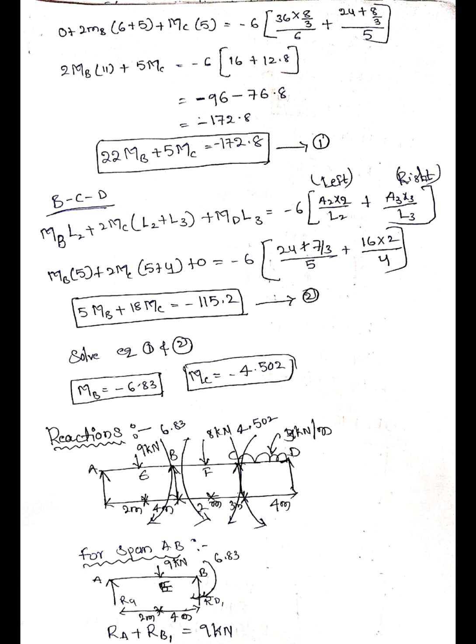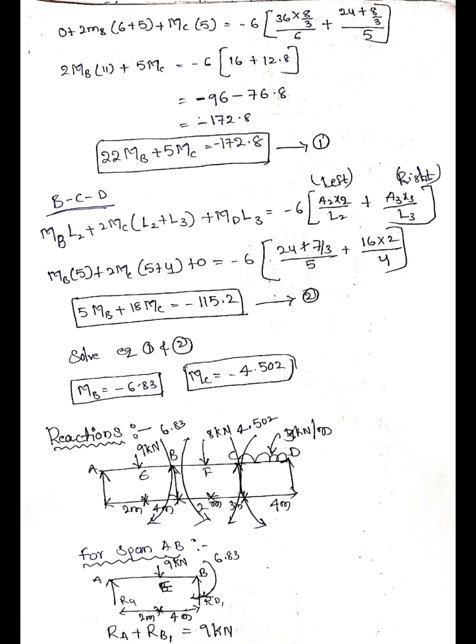Okay, next step 4, calculate reactions. Make it separate: draw AB separately, BC separately, CD separately. Next, let us see AB. Here I am writing AB with B as B1. Now I have to show the reactions RA, and at B1 it is RB1, and the load at the center.